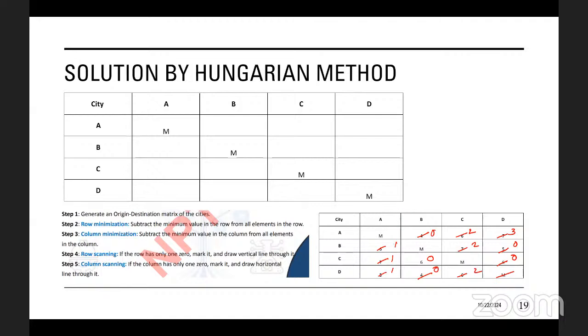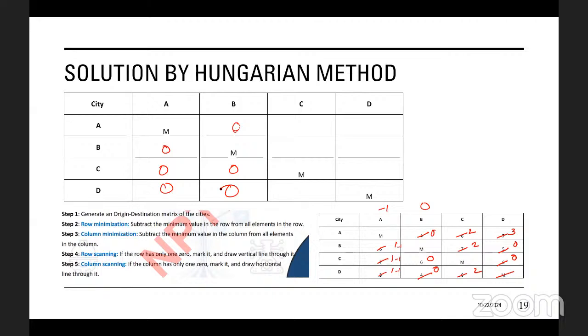Column A, the least cost is 1. So we'll subtract 1 from every entry in the column, so 1 minus 1 will become 0. Next, from column B, the minimum is 0 only, so everything will remain as it is.